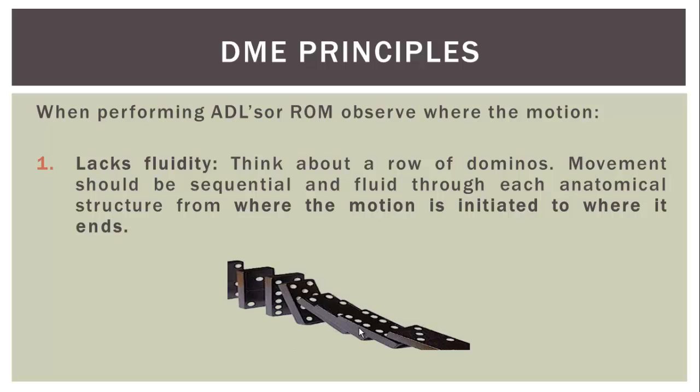When a person is performing an ADL, or active or passive range of motion, the therapist needs to observe where the motion lacks fluidity. That means that motion should be initiated at a particular point, and that motion should be fluid and sequential through each anatomical structure, from where the motion is initiated to where it ends.